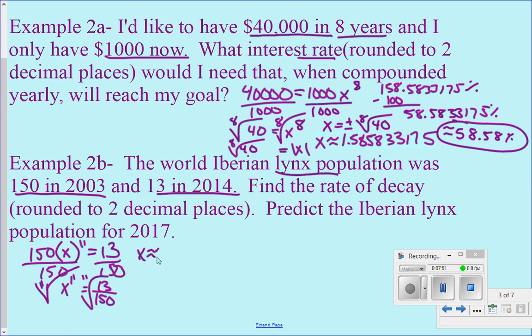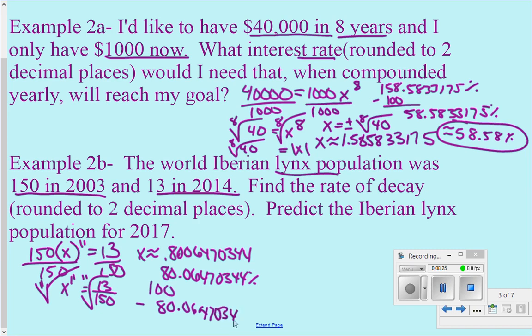So x is approximately, and again, I'm going to write out a bunch of decimal places here, 0.80064700344. I'm going to change that to a percent: 80.06470344%. Now that's what's left after decreasing, so we have to subtract that from 100 to figure out how much it decreased by.